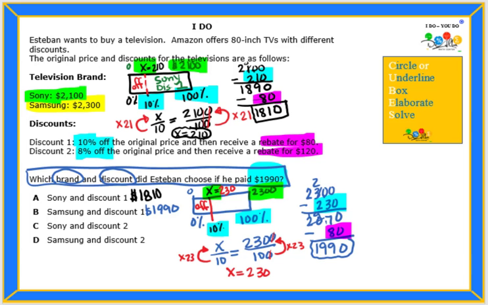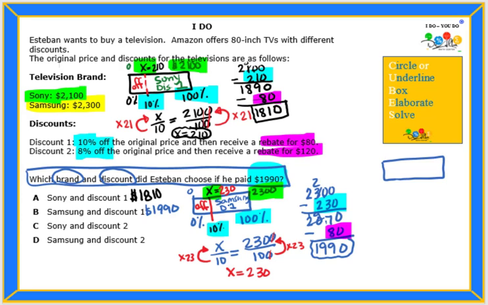So let's go ahead and start with our percent bar. And remember, let's go back and label this one because I want to make sure that we knew this was the Samsung with discount 1.